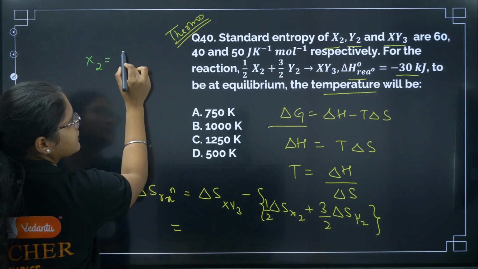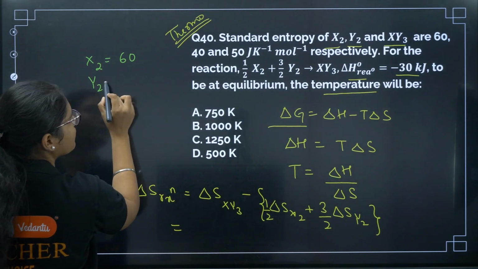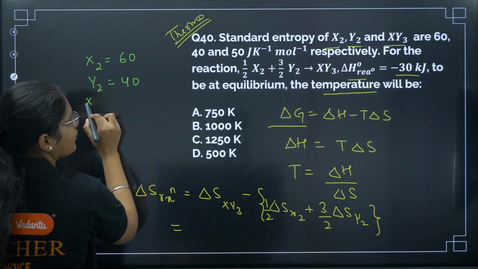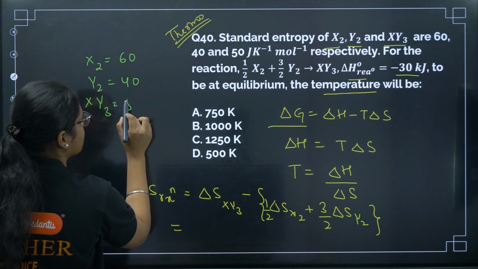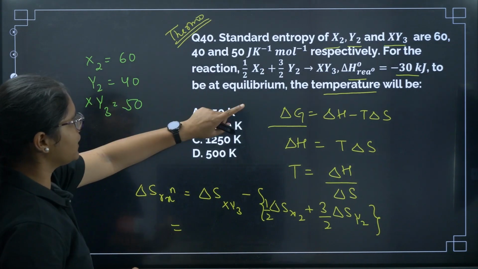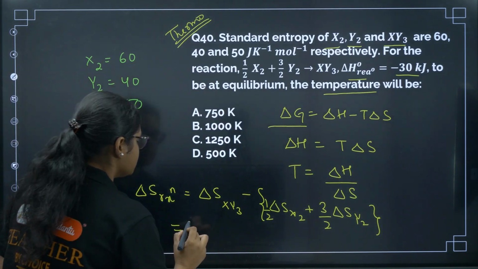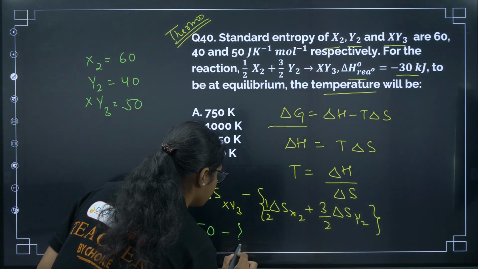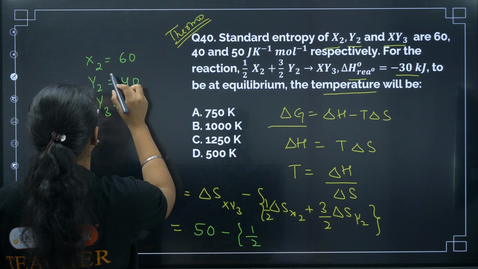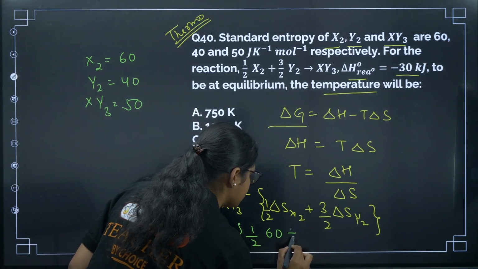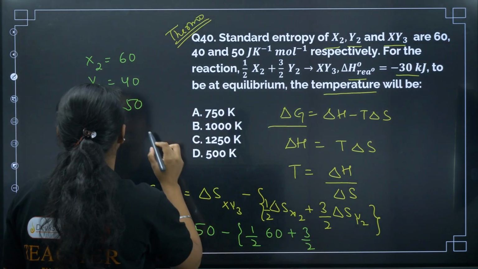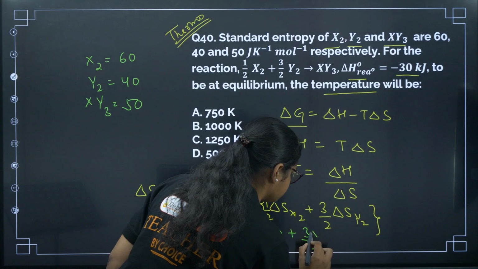For X2 it is 60, for Y2 it is 40, and for XY3 it is 50. I think we have substituted correctly. So I'll substitute here: 50 minus 1 by 2 of X2, which is 60, plus 3 by 2 of Y2, which is 40.